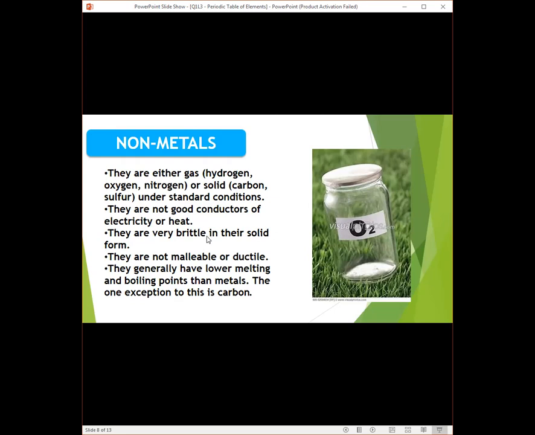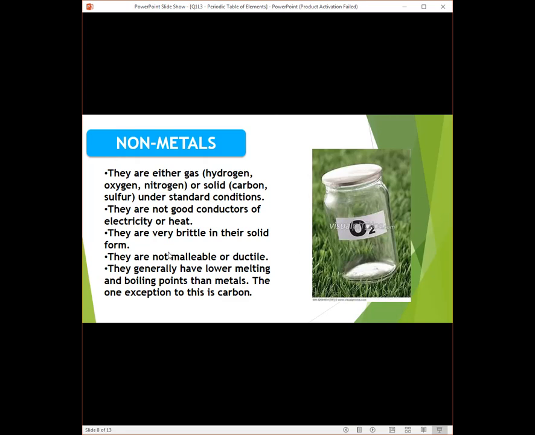Opposite from metals, nonmetals are not good conductors of electricity or heat. That is the reason why they are used as insulators, since they do not allow electricity and heat to pass through. If you will notice your wirings at home, they are covered with some kind of rubber or plastic. We could consider those materials as nonmetals.